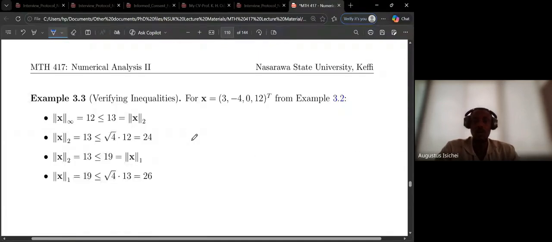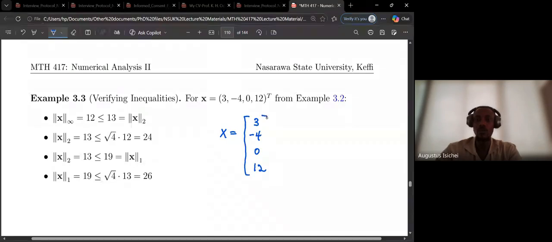So let's verify using inequalities. The same vector we worked with the other time, x equals (3, -4, 0, 12). When you pick this vector, we've gotten the three norms earlier.